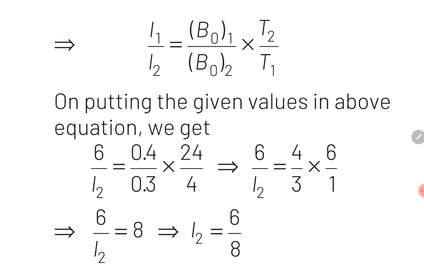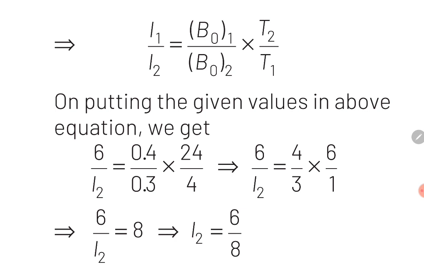Guys, यहाँ पे मैग्नेटाइजेशन डायरेक्टली प्रोपोर्शनल टू एक्सटर्नल मैग्नेटिक फील्ड होता है, बिकॉज जितना ज़्यादा एक्सटर्नल मैग्नेटिक फील्ड होगा उतना मटेरियल ज़्यादा मैग्नेटाइज हो जाएगा. एंड गाइस, इट इज़ इन्वर्सली प्रोपोर्शनल टू टेम्परेचर, बिकॉज जितना ज़्यादा टेम्परेचर होगा it becomes more difficult to align the magnetic dipoles in the direction of magnetic field. Therefore, guys, magnetization I1 upon magnetization I2 will be equal to B1 upon B2, which is direct proportionality, into T2 upon T1, which is inverse proportionality.